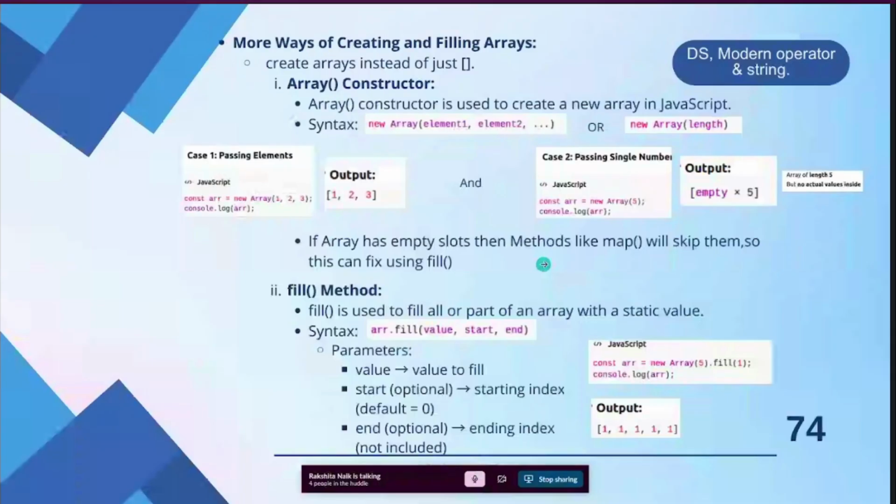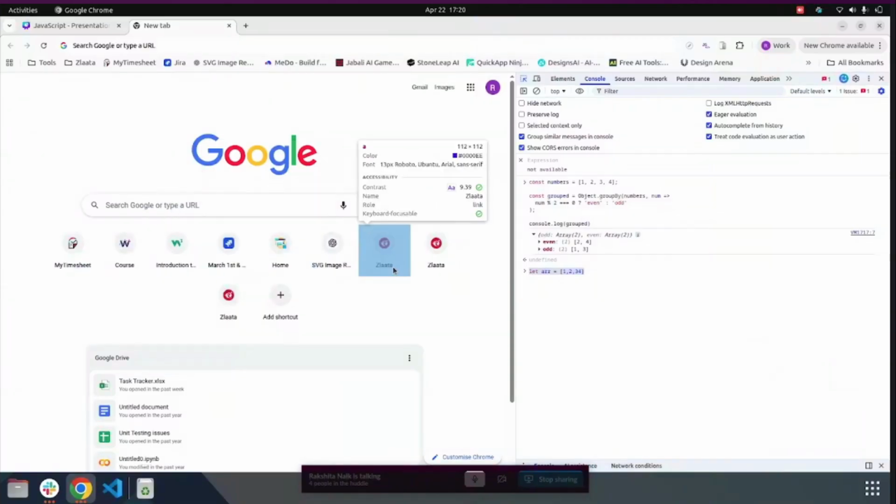Instead of this, we have the array constructor in two ways. One is passing the elements and one is passing the length. I am going to explain with the example.